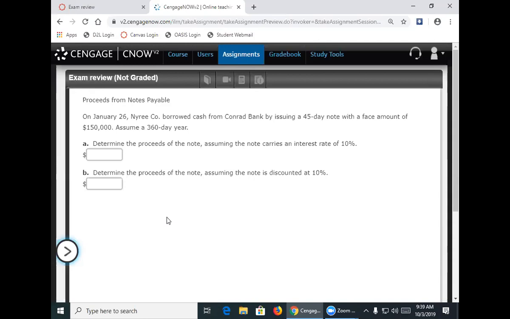And then know how to report the current portion of long-term debt. So say we have a long-term notes payable, like a mortgage note. So we pay it monthly, but we pay it for 30 years. So what portion would I report in the current year as current liability?